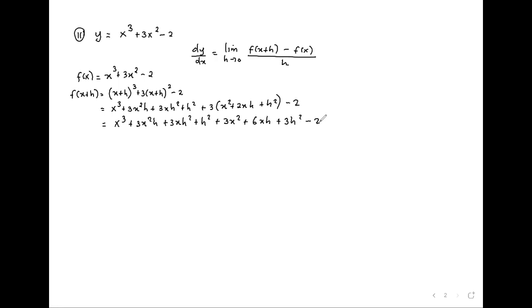And then now we bring down our dy dx, which is the limit as h goes to 0. f of x plus h is what we have here: x3 plus 3x squared h plus 3x h squared plus h3. This is h3 actually.